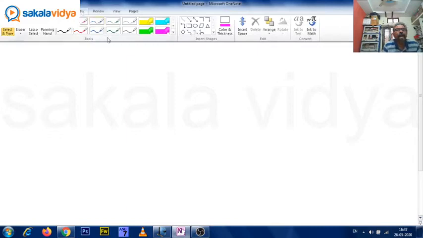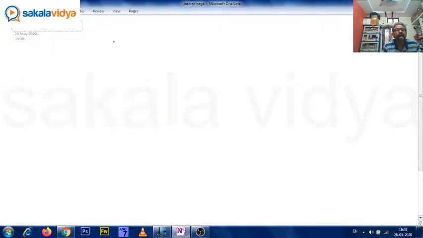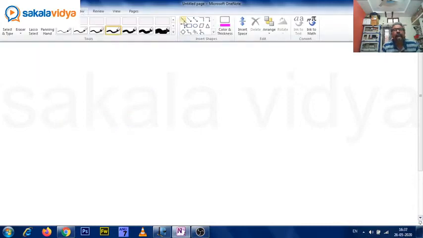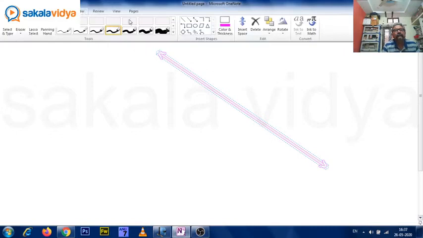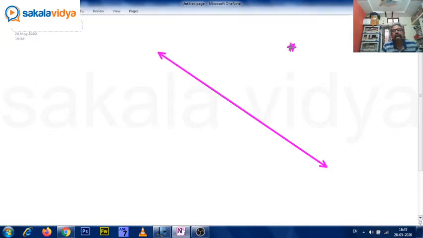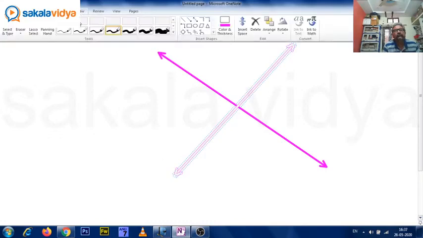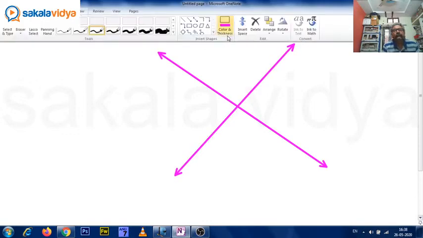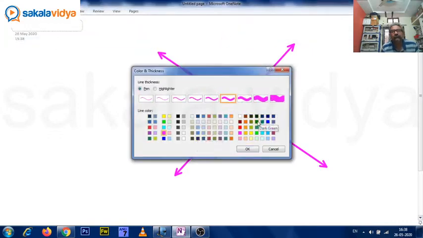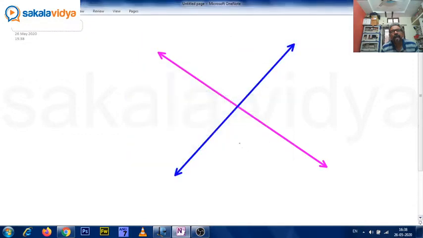See, for example, okay, these two different lines are actually intersecting like this.